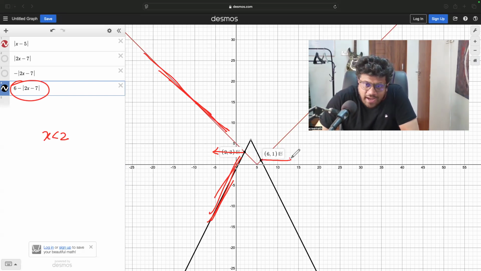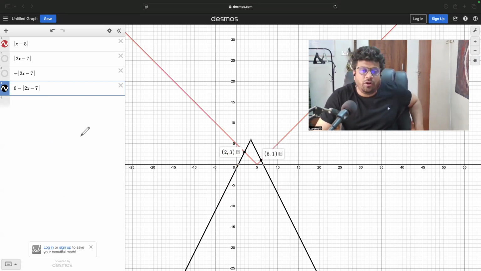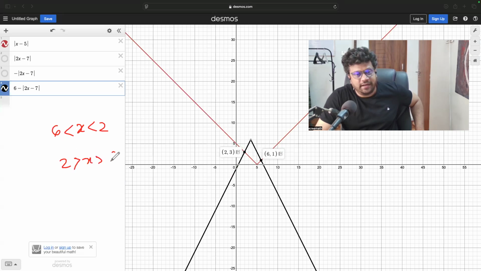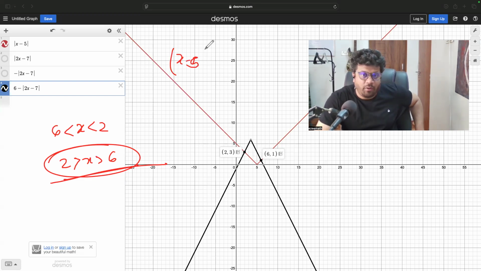And if I go to the right of 6 with the x values, x greater than 6, again the red thing is above the black curve, and that's about it. And that's what you want. So x lesser than 2 and x greater than 6, and that's your answer for this inequality where they asked mod x minus 5 to be greater than 6 minus mod of 2x minus 7.